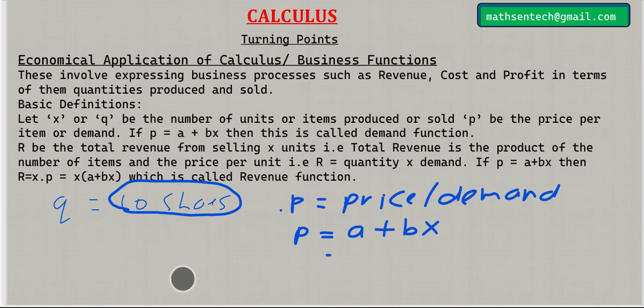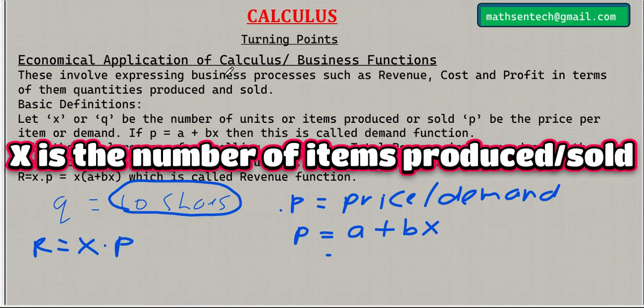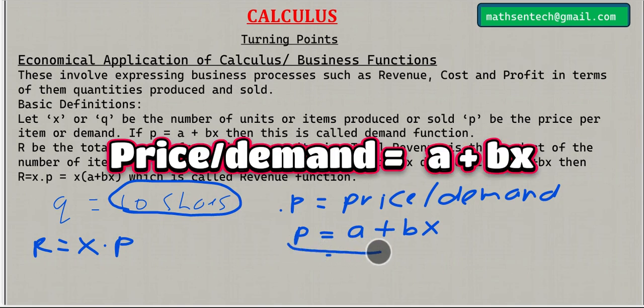So remember, if R is equal to X times P, and remember we have said X is the number of items produced and sold. So in this case, let's say 10. Then P is the price. So you multiply X by the price, and remember we give the price a function, and this is the demand function.